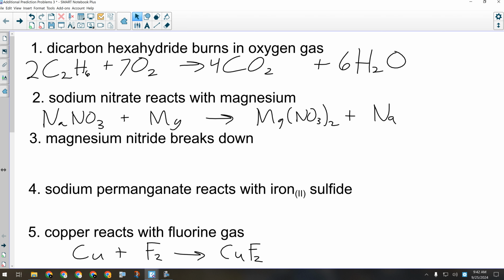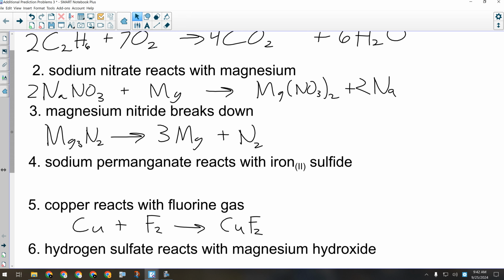Okay, and then magnesium nitride breaks down, Mg3N2, right, is going to break down into 3Mg plus N2. Sorry, I've been forgetting to balance these. 2 and 2. Okay, and then this one is balanced the way I have it written.